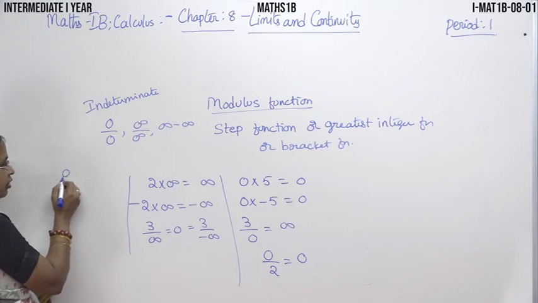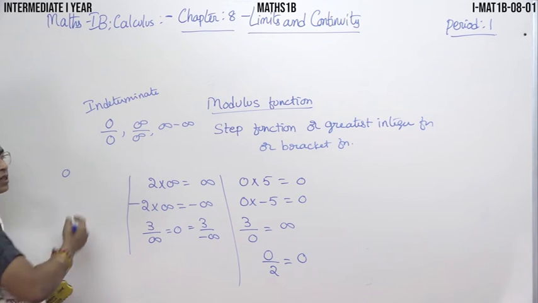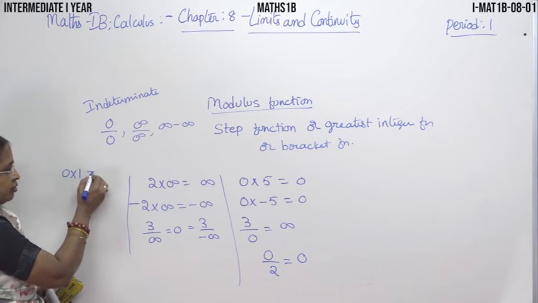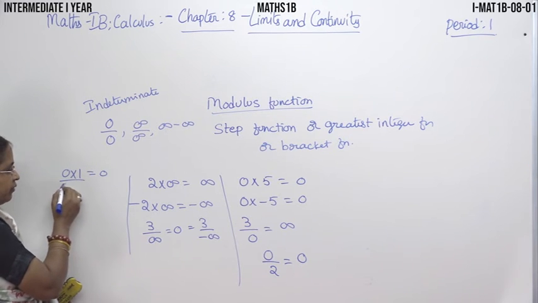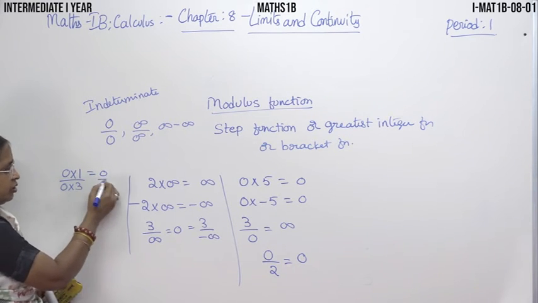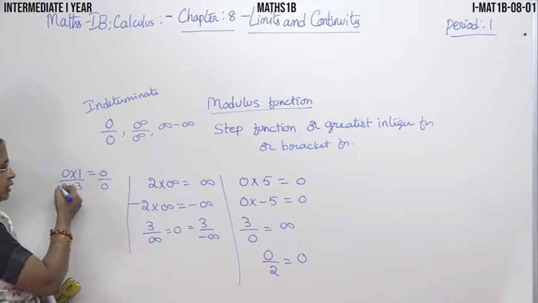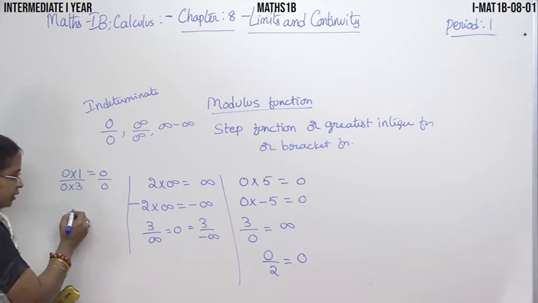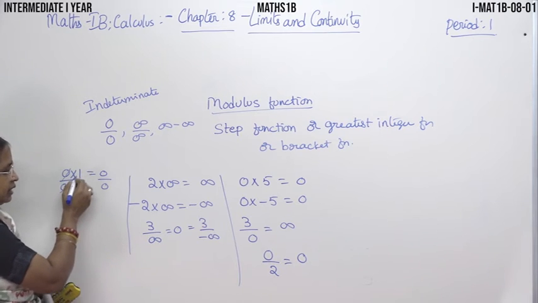Suppose I have 0 by 0. You may say 0 and 0 get cancelled and it is 1 like that. But it is not like that. Suppose I have 0 into 1. 0 into 1 is 0 only. 0 into 3 is also 0. So if I divide like this, you may think these two get cancelled and say 1 by 3.